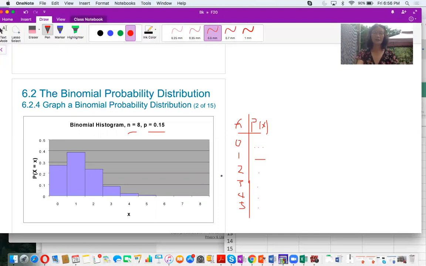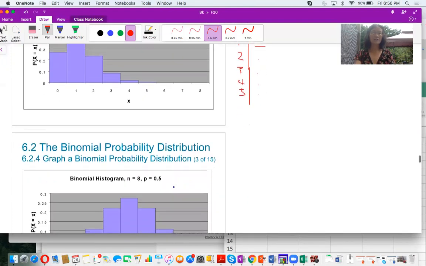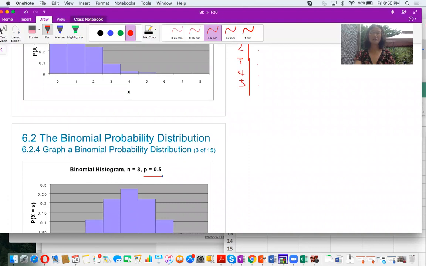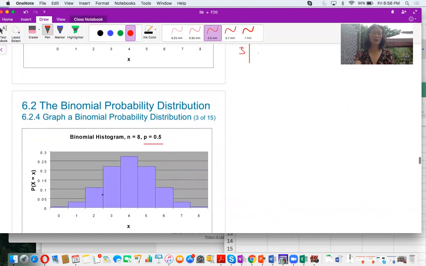So this is a similar example, n equal to 8, p equal to 0.15. Change the p value. When you change the probability value, you get this picture. Again, how did you get this? You need to figure out what x is, and then calculate P(x).